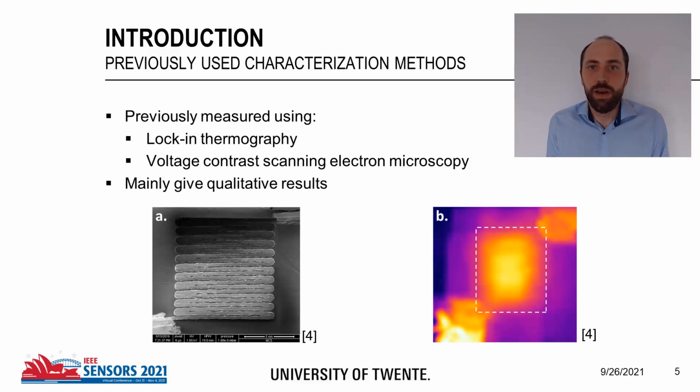Also, we have characterized the anisotropy using voltage scanning electron microscopy. Here we use that the contrast that you get in a SEM is dependent on the voltage on the sample. However, both these methods were only suitable for qualitative measurements, and we would like to do quantitative measurements.